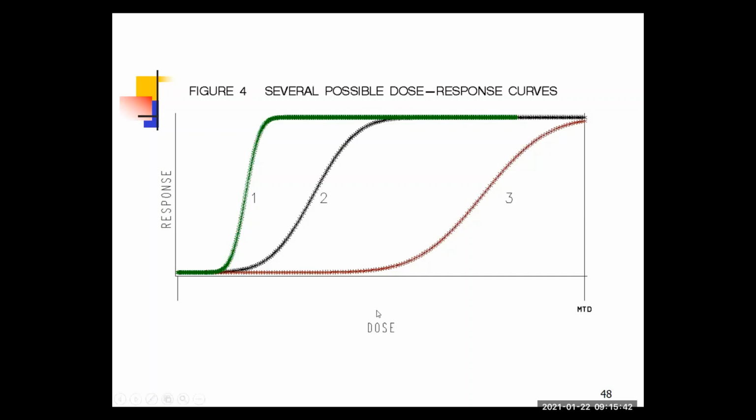The first assumption is I get my MTD correctly. Last time I mentioned sometimes MTD could be overestimated, sometimes underestimated, but in this case I'm assuming MTD was estimated correctly. So it's a good guess. That's my first assumption. My second assumption is monotonicity.